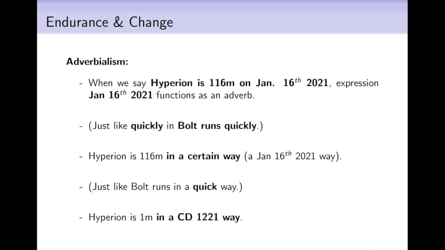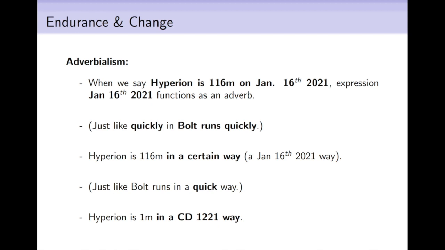And the idea is that, likewise, Hyperion isn't just simply 116 meters tall, nor is it simply a meter tall. Rather, it's 116 meters tall in a particular way, and it's a meter tall in another way.